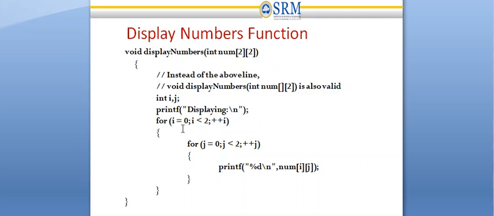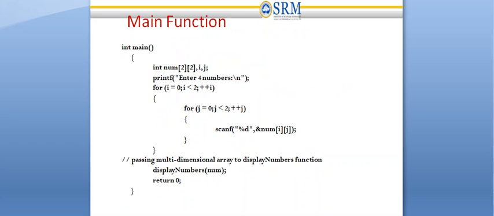Here, the array elements which were received in the main program are displayed. After displaying the array elements, the control will again be transferred to the calling program. Then what is the next statement in the calling program? Return 0, that is the end of the program.